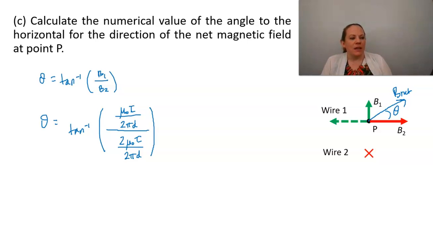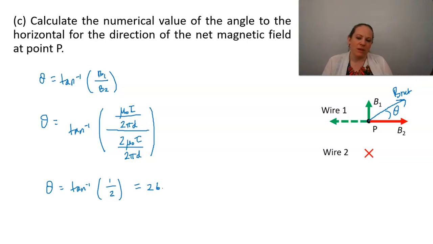And everything cancels out except for a factor of 1 on top and a factor of 2 on bottom. Right. And the inverse tangent of a half is going to be 26.6 degrees.